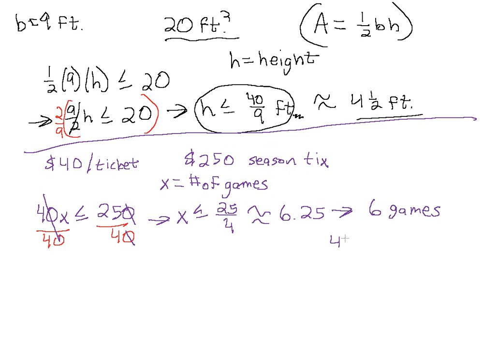And this makes sense because if you attend 6 games, paying $40 per ticket, that's going to cost you $240. So as long as we're seeing 6 games or less, it's cheaper to buy individual tickets. But once you see that 7th game and pay for the 7th ticket, it actually gets a little more expensive. It's going to be $280 instead of $250.